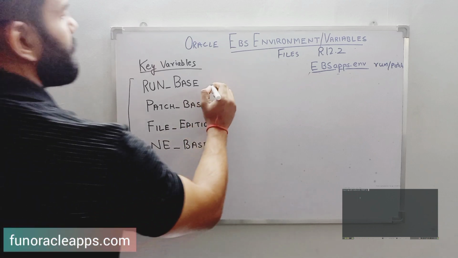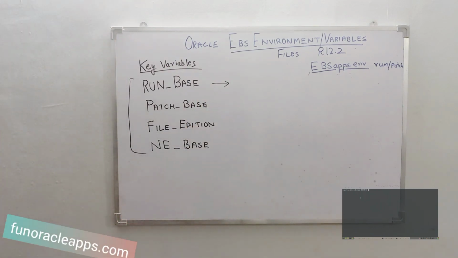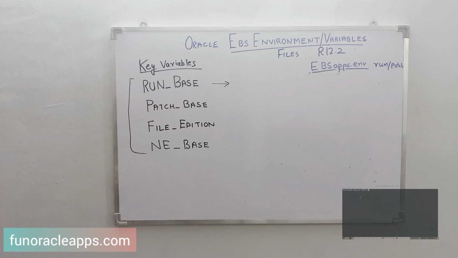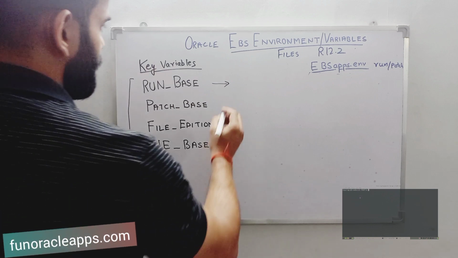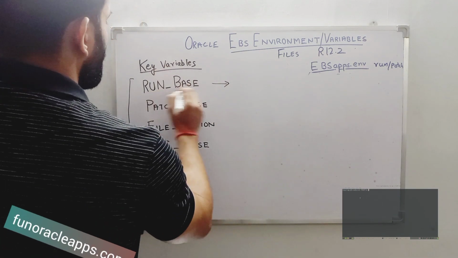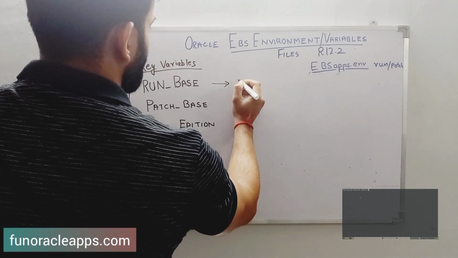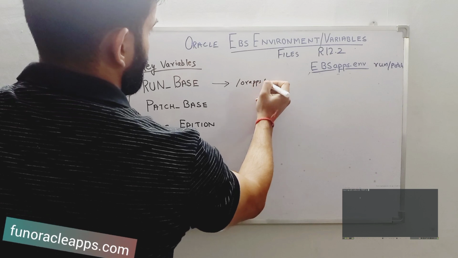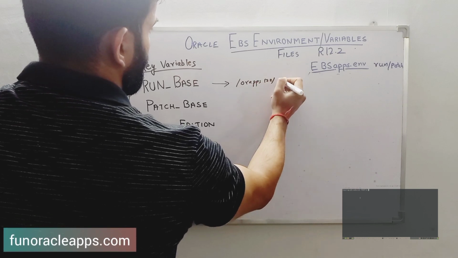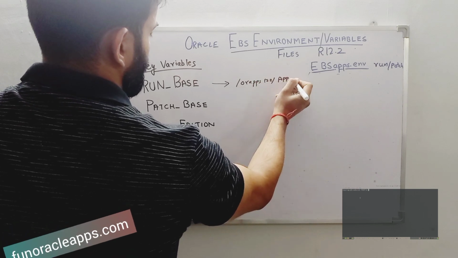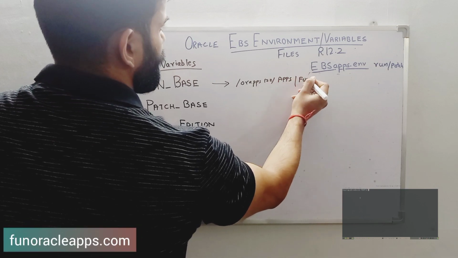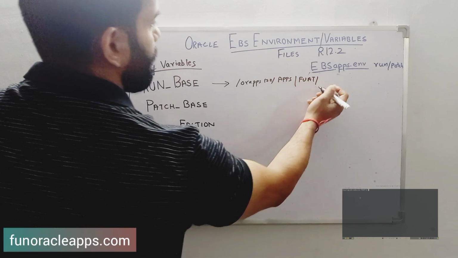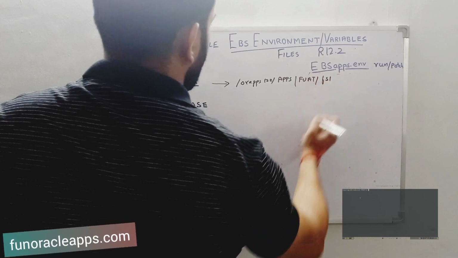So RUN_BASE is the base location where your run file system is. So this is your run base. Let's say in our case it was /u01/oracle/apps/122, I think, apps/FUAT, and FS1 if it is my run base.